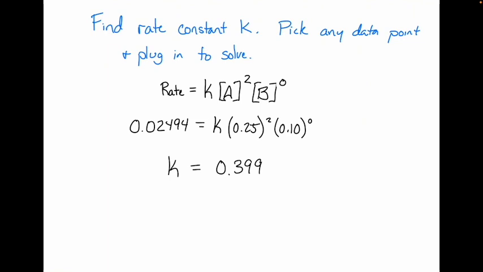All right, so the last thing we got to talk about with respect to these rate laws is I've kind of conveniently left off the units for K. We got to think about the units for K here. This is going to be our last step.